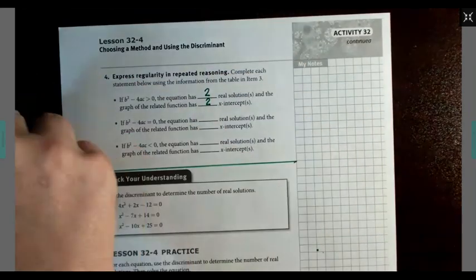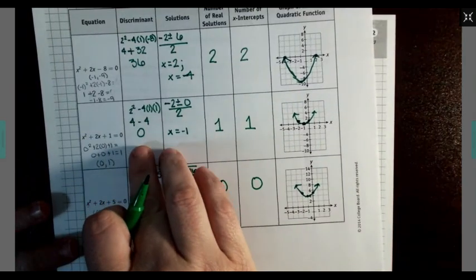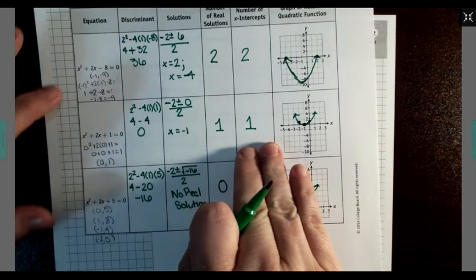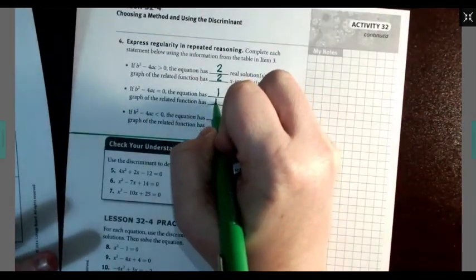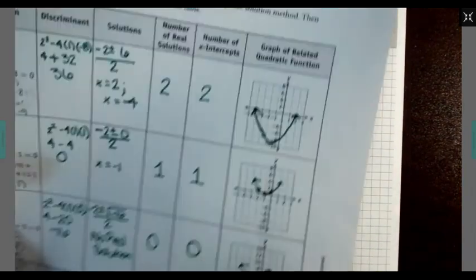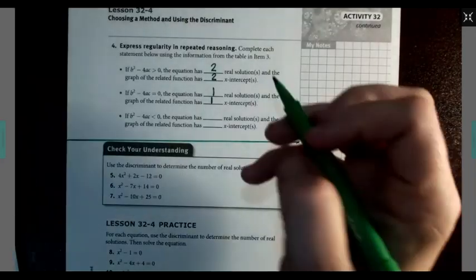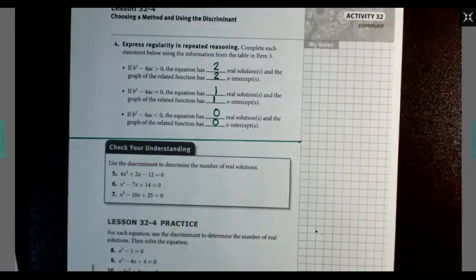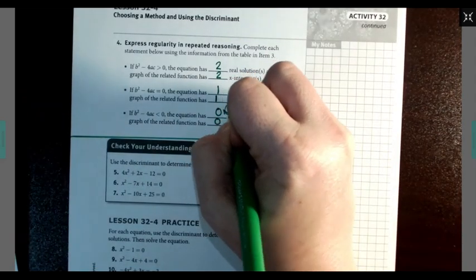What if it equaled 0? If it equaled 0, we had one real solution and one x-intercept. That means that's my vertex. And if it was less than 0, that was where it doesn't touch the x-axis at all. So it has 0 and 0. Or you could have put no.